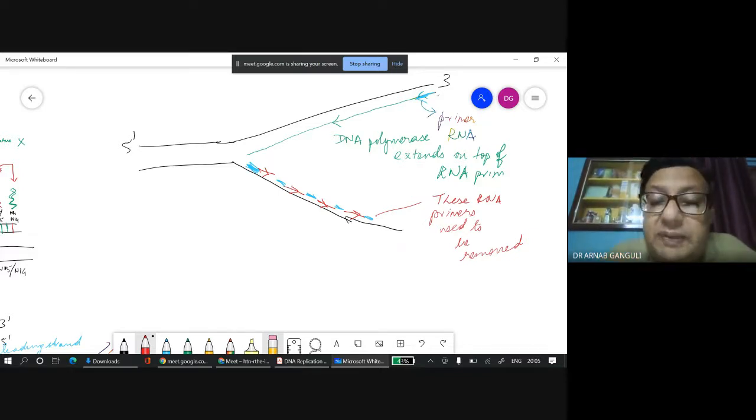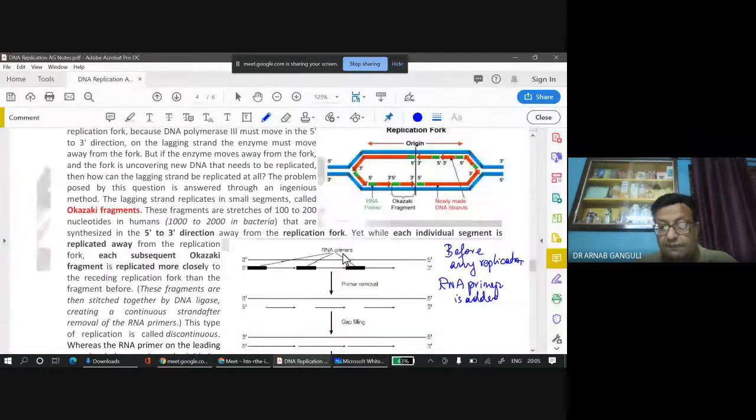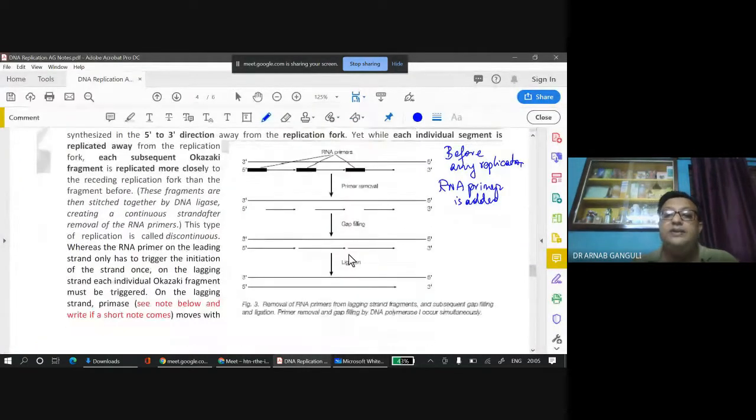So they are removed by the enzyme known as primase. So these RNA primers, which you see as dark lines, they are removed by primase.